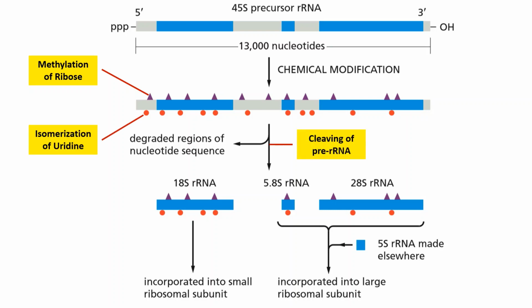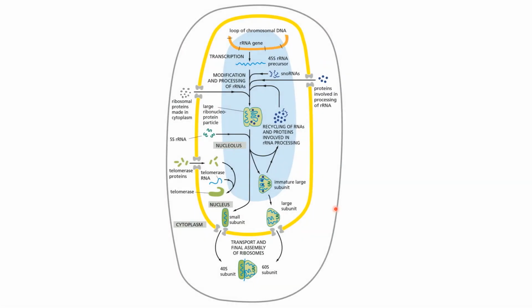Okay, so all in all, this is a summary. In the nucleus, we have the nucleolus, which organizes all of the genes to make the ribosomal RNAs. The ribosomal RNAs are made, they are processed, they are cleaved, they are methylated, there is modification of the uridine components. And then the ribosome is assembled, okay?